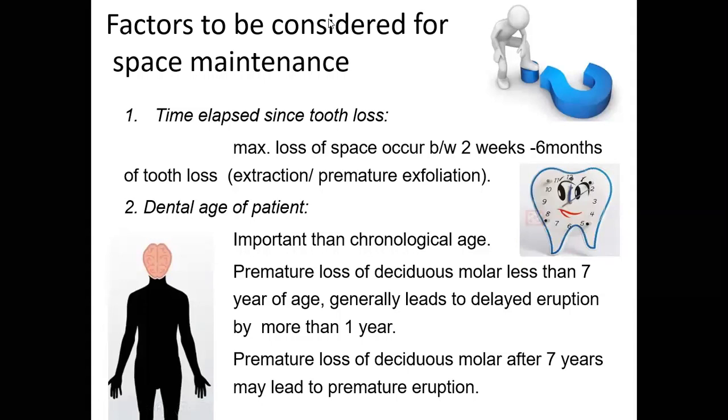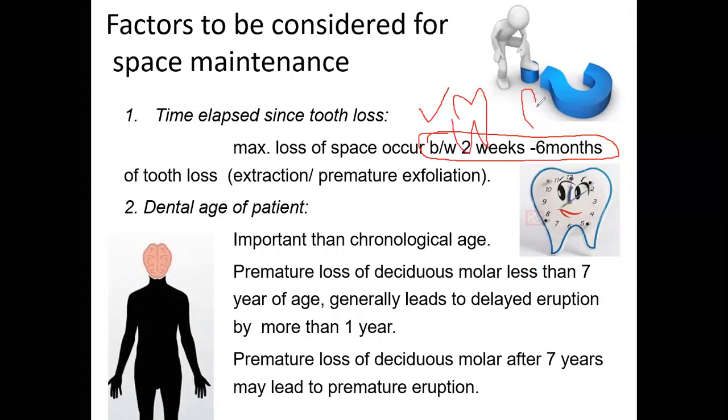It means when there is a tooth loss, the space will be present only between 2 weeks till 6 months. After this time, the adjacent teeth will try to drift into that space and will occupy the space.